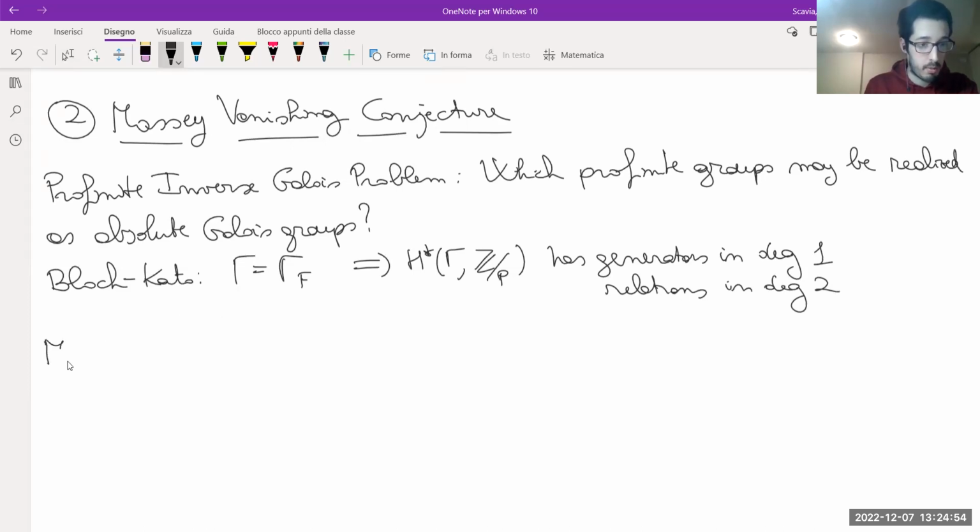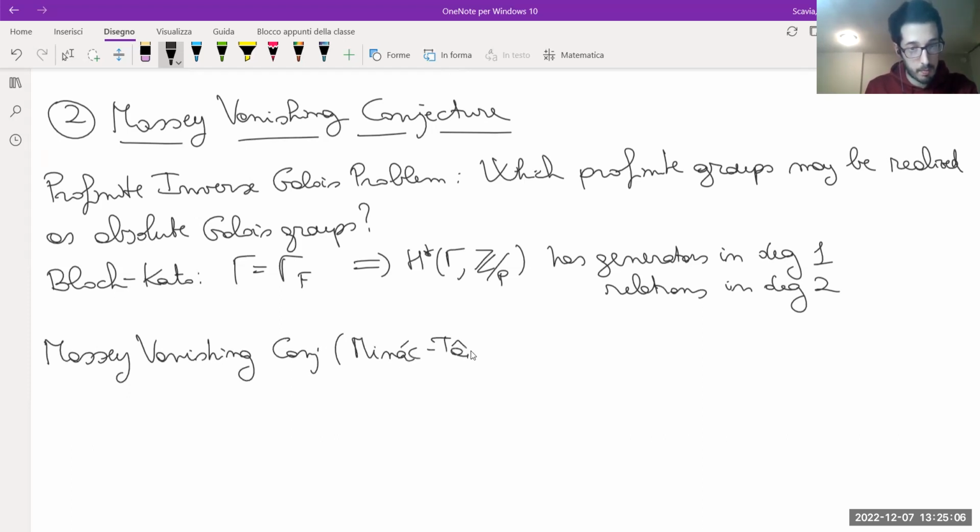So what is this Massey vanishing conjecture? It was formulated by Mináč and Tân, and the paper appeared on the arXiv in 2013.